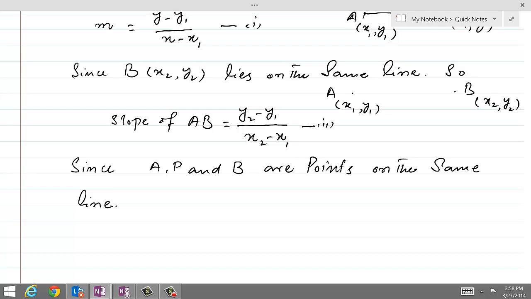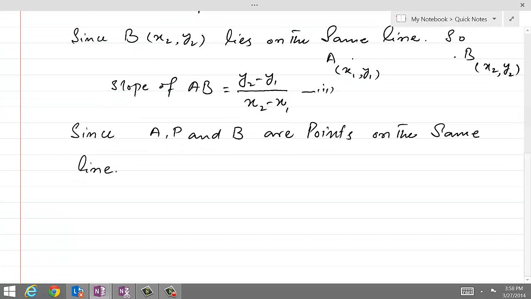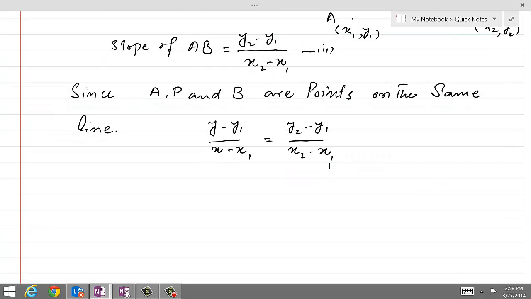For any 2 points on the straight line, the slope will always be the same, because the slope of a straight line is constant. Therefore, y minus y1 over x minus x1 is in fact the same as y2 minus y1 over x2 minus x1, because these are two different slopes for the same line. That's why they must be the same.